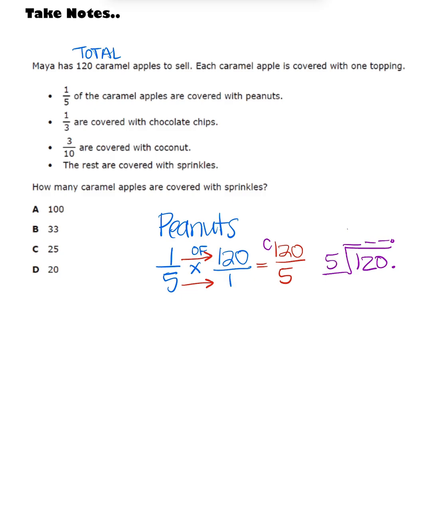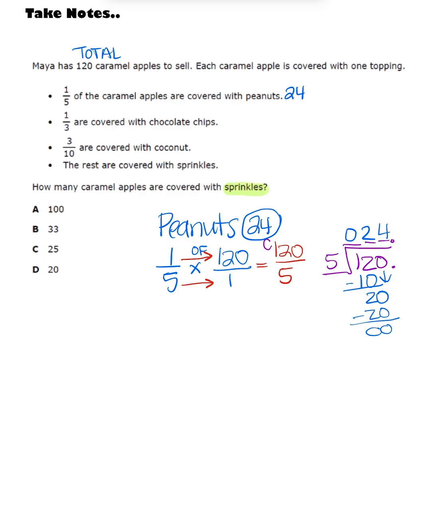No. But they can sit in 12 chairs 2 times. 2 times 5 is 10, with 2 left over. 5 goes into 20 4 times. 4 times 5 is 20. 20 minus 20 is 0. So peanuts was 24. Next to peanuts, I'm going to write 24 and circle it, and up here as well. But that's not my answer, because I'm looking for sprinkles.